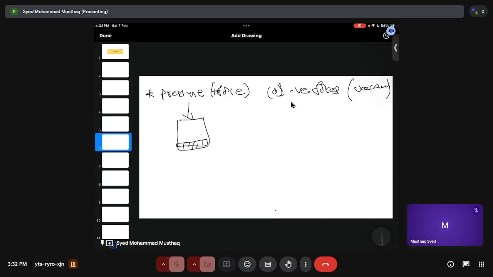And there are different types of filters, like syringe filters. People have seen this in hospitals, right? There is a bottle which contains your medicine. Whenever you are prescribed an injection, the nurse or doctor will break this glass.